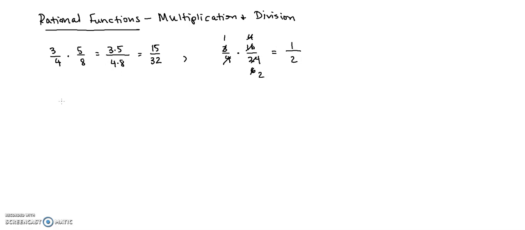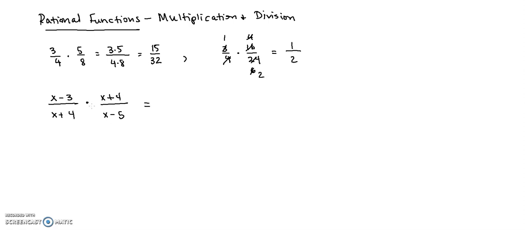So let's say that we've got x minus 3 over x plus 4 times x plus 4 over x minus 5. Now top to bottom, these don't simplify. Remember, they have to match exactly. x minus 3 and x plus 4 don't match. x plus 4 and x minus 5 don't match.